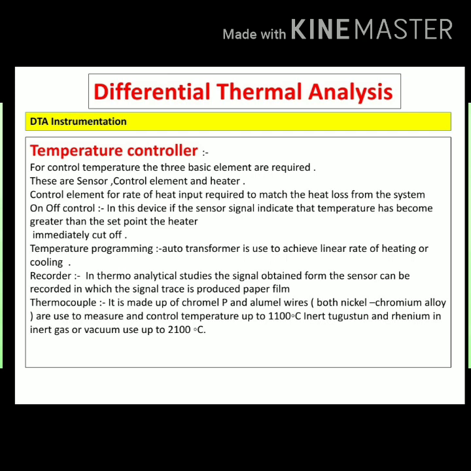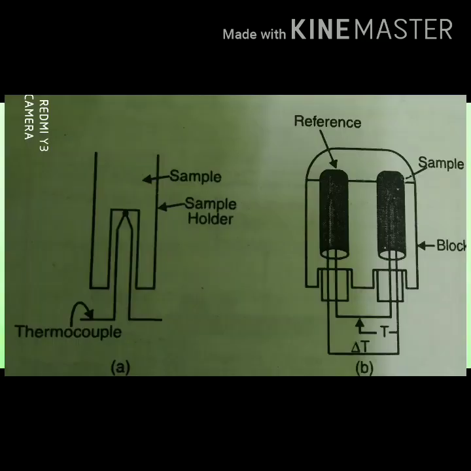When platinum and rhodium alloy thermocouples are used, the range is up to 2100 degrees Celsius. These wires are inserted in our sample material and the reference material. To prevent chemical attack, the wires are covered with a jacket or block. So this is our thermocouple.